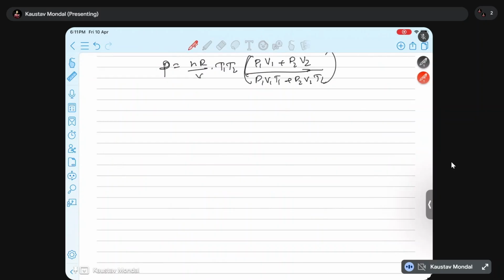Now the second question is: a gas consists of molecules of mass m and is at a temperature T in 3D.